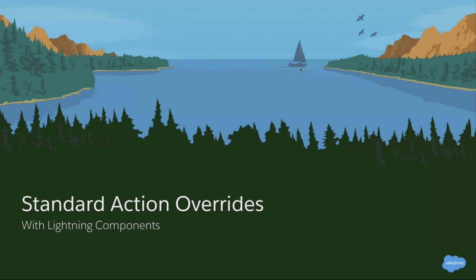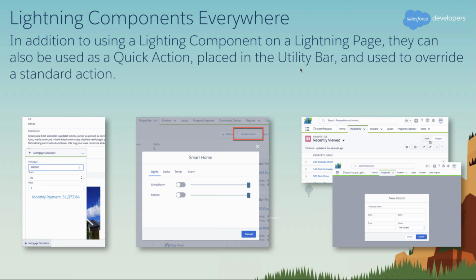So let's talk about a couple more things. We're going to look at all of this in code, but I want to set the stage here first so that we don't have to switch back and forth between slides and code. I mentioned standard action overrides that we can now do with Lightning components as well. Because of course, we know that now, as of summer 17, Lightning components can literally live anywhere. They can live on a page, of course, we know that. But they also can live in the utility bar.